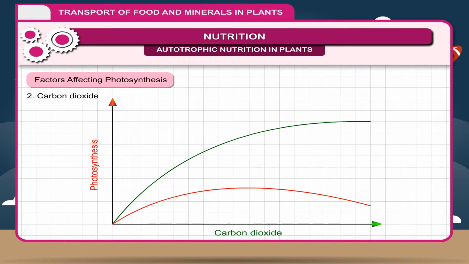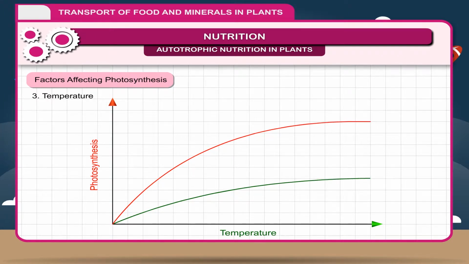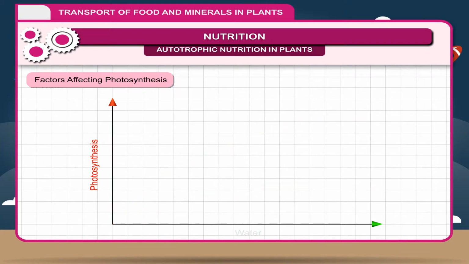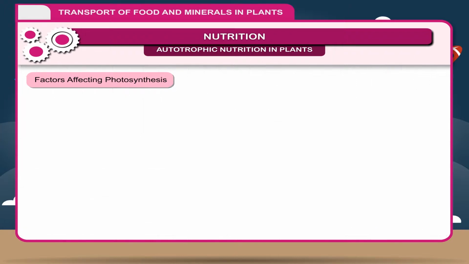However, if the concentration is very high, it decreases. 3. Temperature. The optimum temperature for photosynthesis is between 25 degrees Celsius to 35 degrees Celsius. 4. Water. It reduces with the decrease of water content. 5. Chlorophyll. If chlorophyll concentration is less, the rate of photosynthesis is adversely affected.